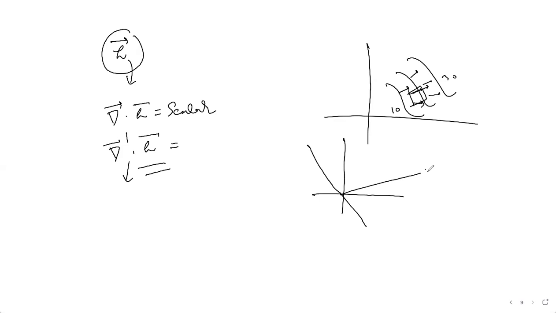So I make my x to x prime and my y to y prime, and I just want to know what exactly this quantity is. When you know what this quantity is, and what this quantity is, what will it look like? Something like this, right?